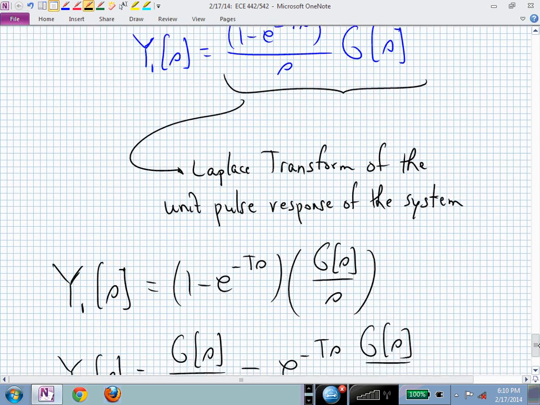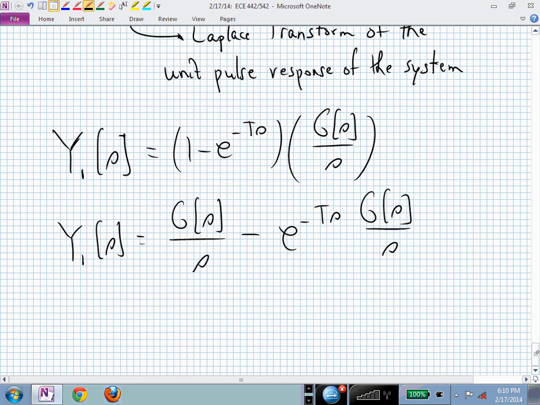Meaning we now need to take, if we inverse Laplace, so this is basically what we're going to do. Here is the result that we need, capital Y sub 1 of s. If somebody inverse Laplace transforms that, that will give us a little y sub 1 of t. Then if we sample that, that will give us a sequence of numbers. We can z-transform a sequence of numbers, and that's what we want to do.